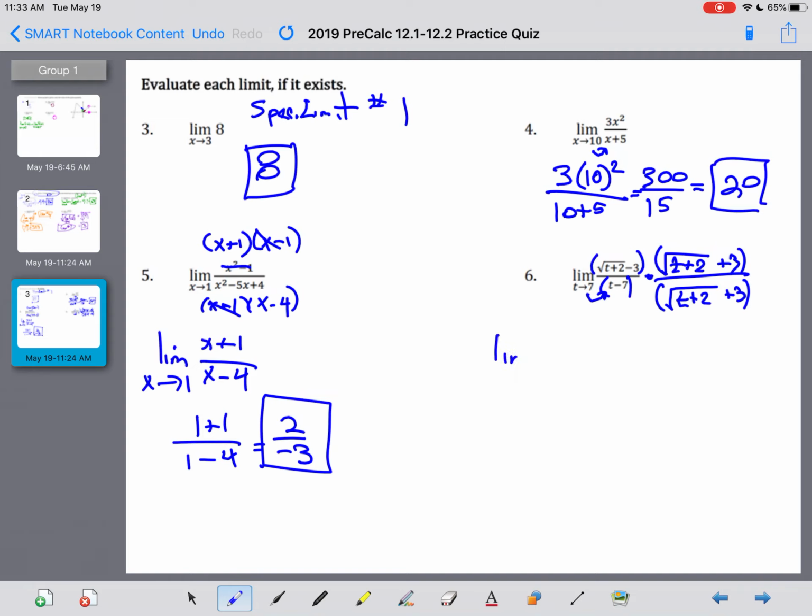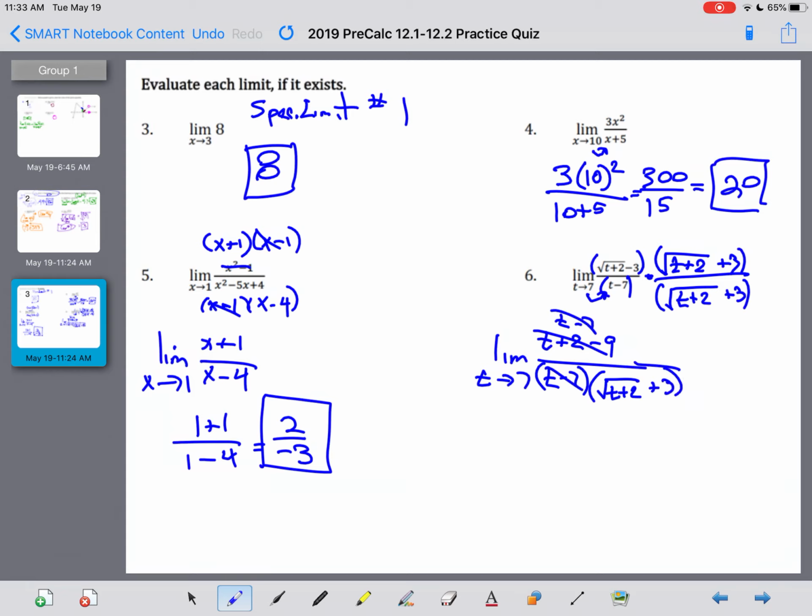Now I'm going to get the limit as t approaches 7, in the top I get t plus 2 minus 9, which simplifies to t minus 7. Here I get t minus 7 times the square root of t plus 2 plus 3.